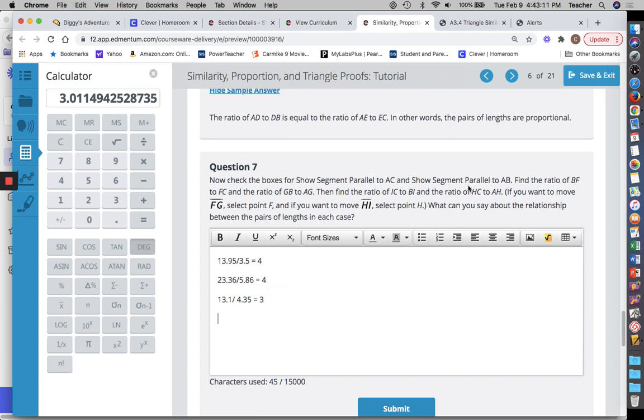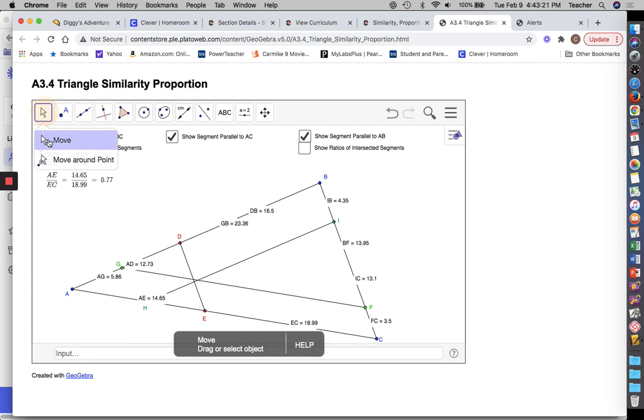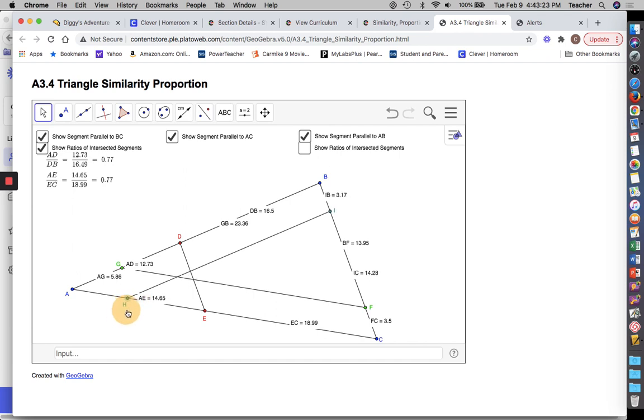What do I have to do now? HC and AH. Where's HC? Oh, I can't see H. I have to move that so I can see it. Whoa, I didn't mean to do that.